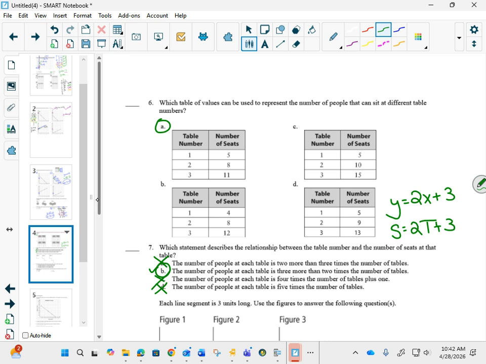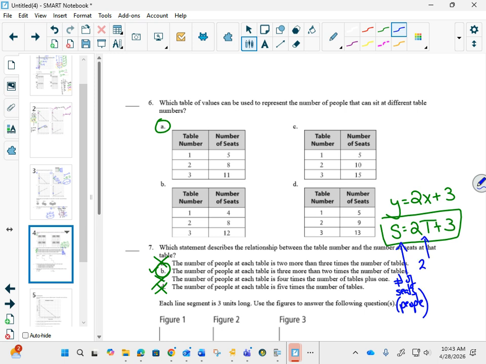So notice that we did a really good job when we did number 5, and then the rest of these questions became easy. Because we have the formula, the S was number of seats or number of people.